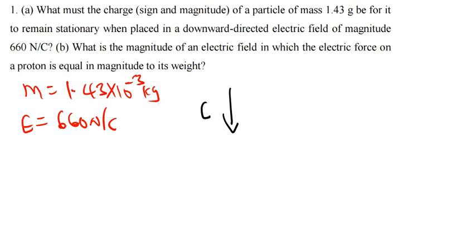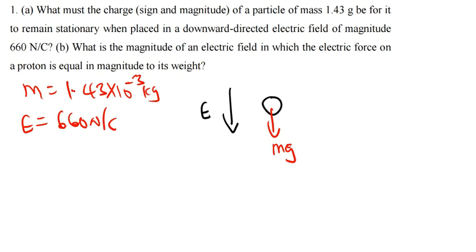That is our electric field. Now let's say the charge is here, but we don't know the sign of this charge, but we have been told that this charge is stationary. So when something is stationary, what we need to remember is that there is always the force of gravity which is trying to pull this object down.